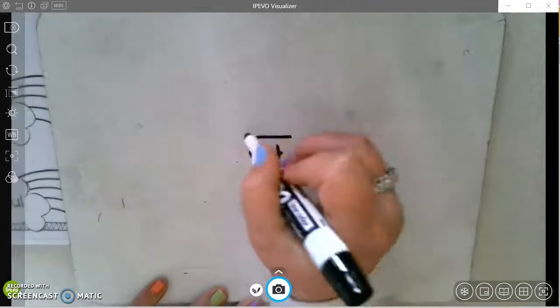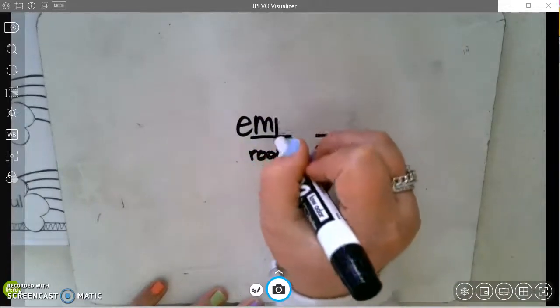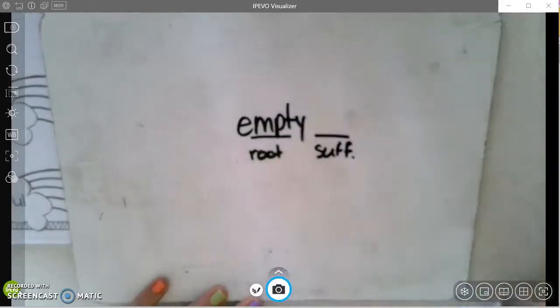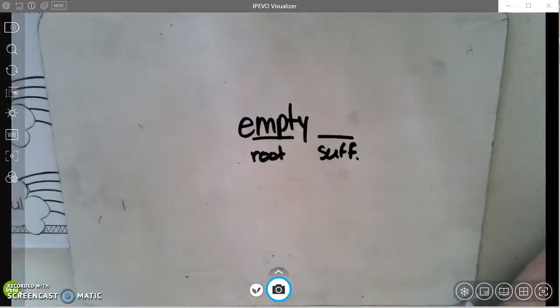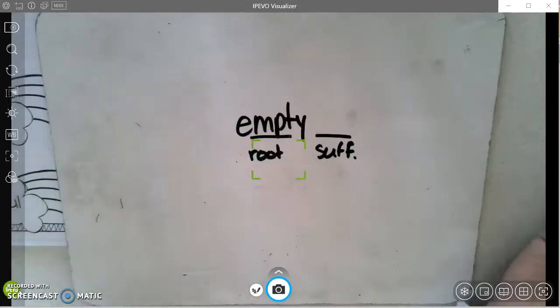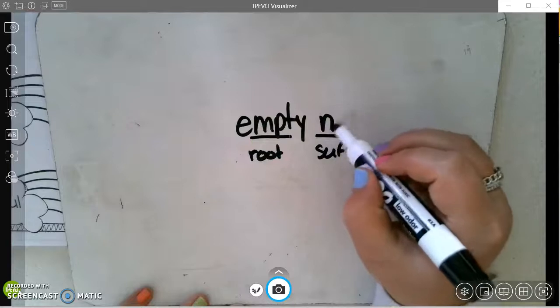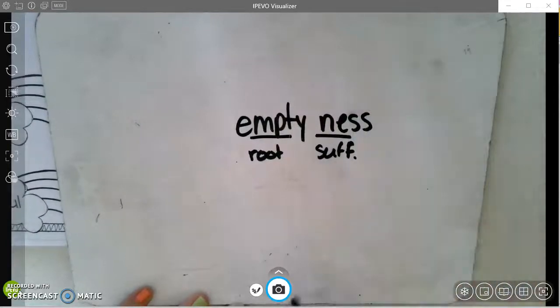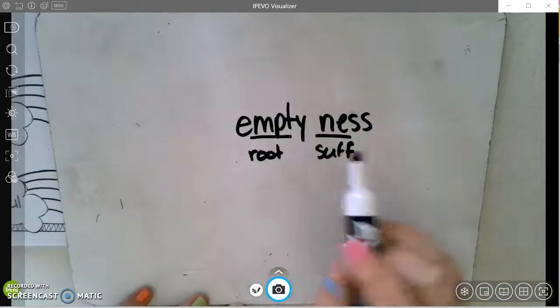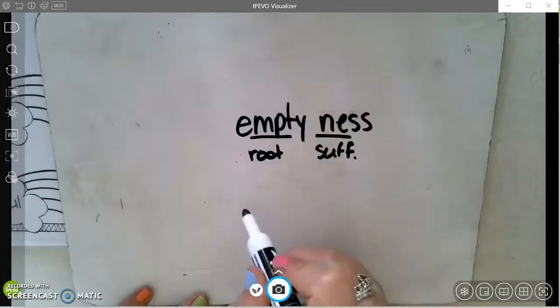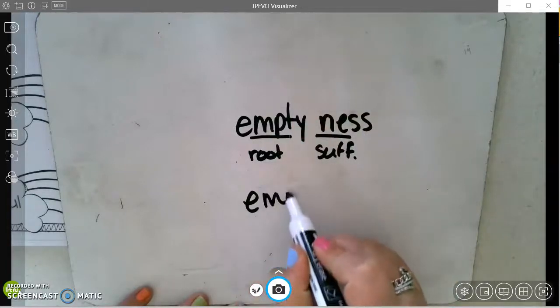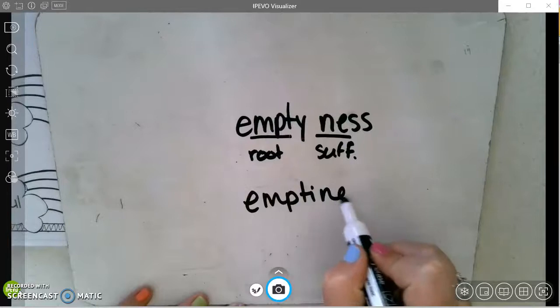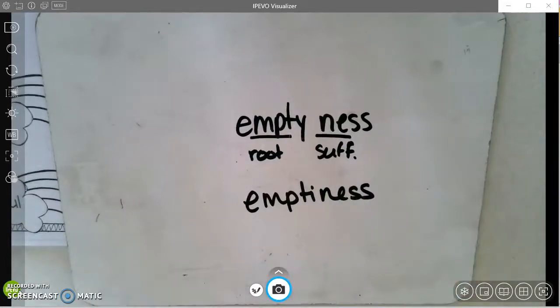So say my word is empty. I can also add ness, okay? When I put ness on it, this Y changes, and that's a whole nother lesson. But if I was writing emptiness, it would look like this. I think that looks wrong to me, but I'm pretty sure that's right.